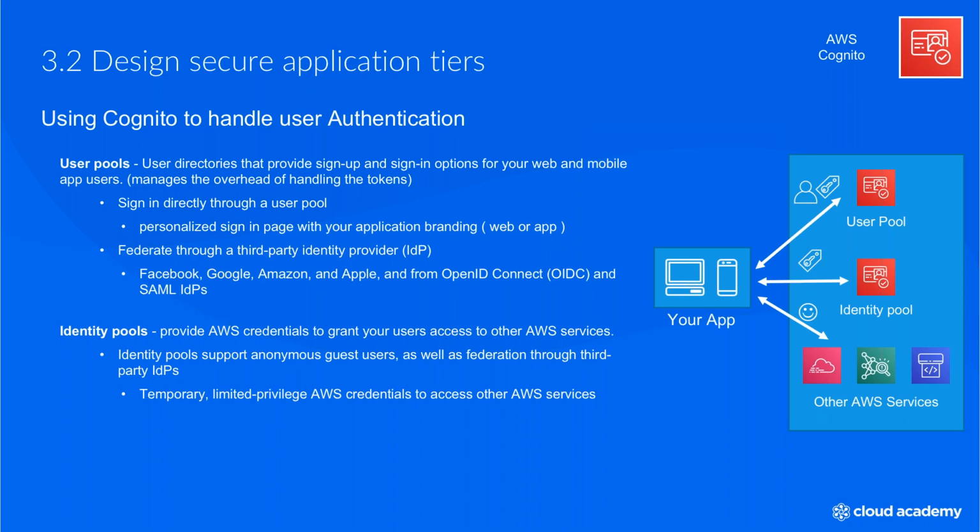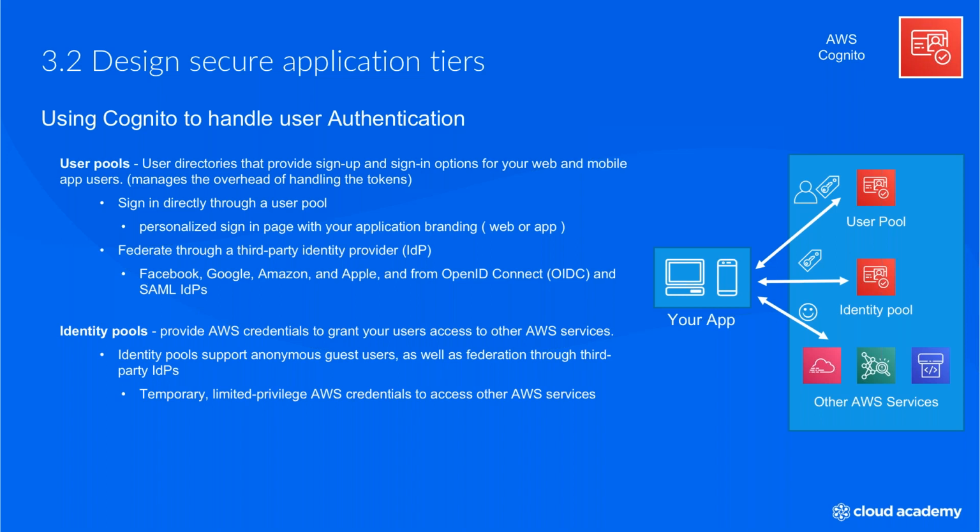Yeah, why not? So Cognito, this is a service that fills an interesting role in that it allows you to have authentication in probably one of the easiest ways possible. There's two sides of Cognito: user pools and identity pools.